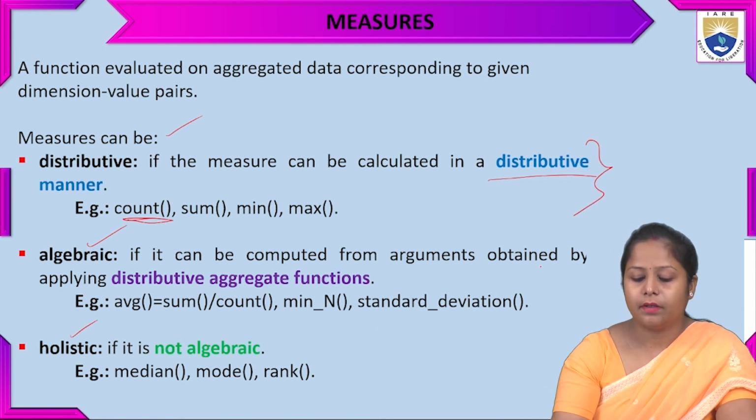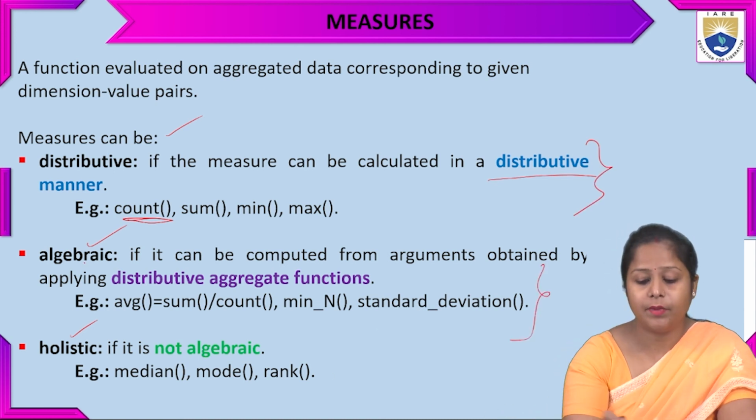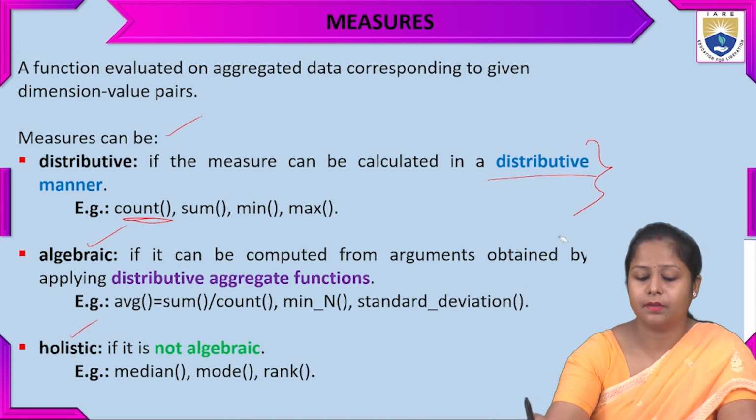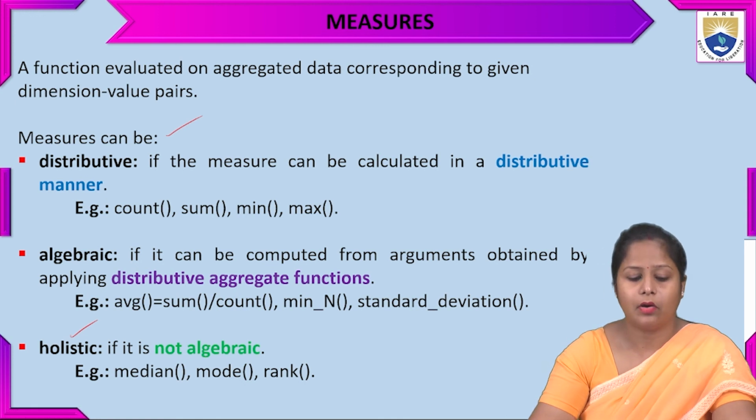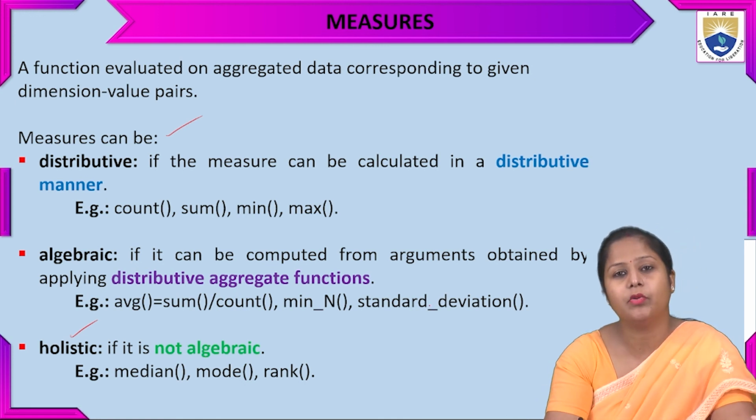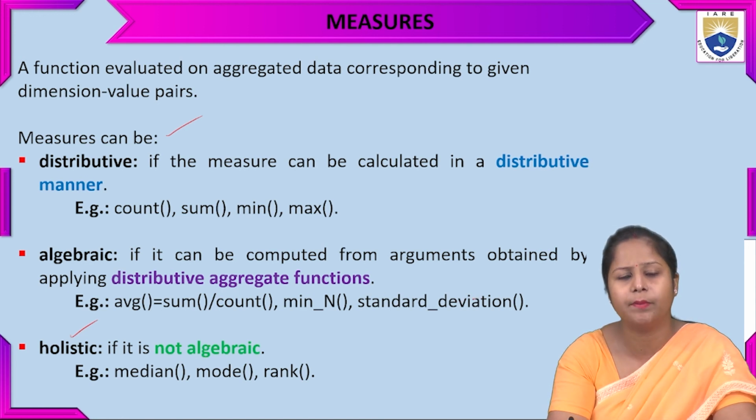The algebraic measure is one that can be computed from the arguments obtained by some of the distributive aggregate functions. So here will be a combination of functions. There will be aggregation of functions which are used for the distributive measures.